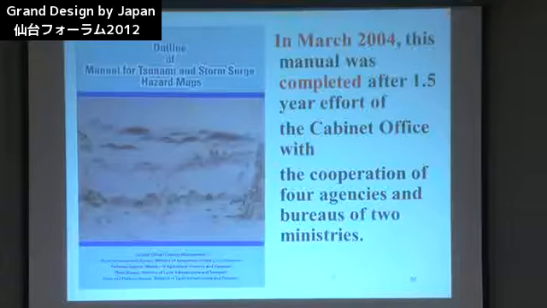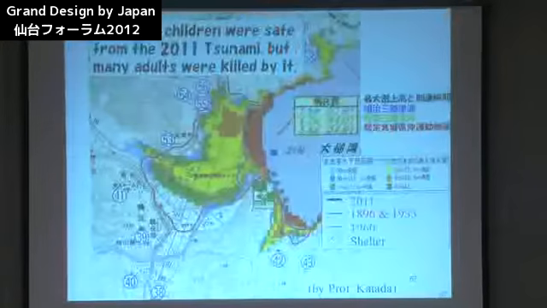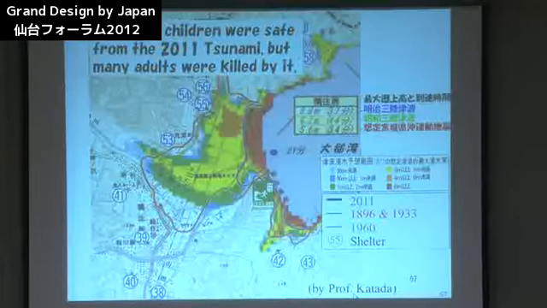Now in Japan, the tsunami hazard map is very popular. This shows the tsunami hazard map in the case of Unosumai. The primary school and secondary school, the two schools, are outside the tsunami hazard map.